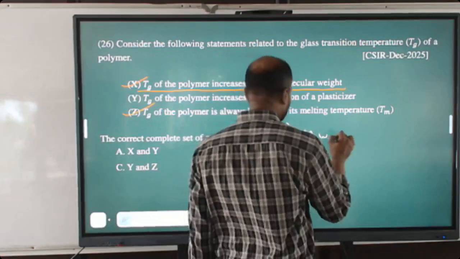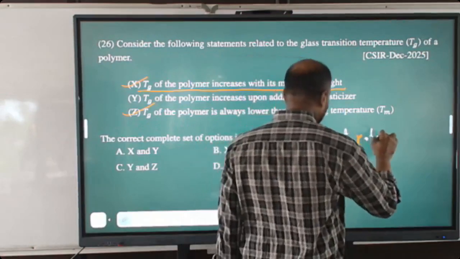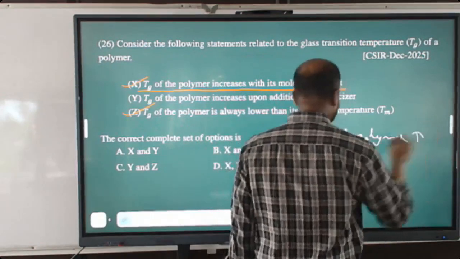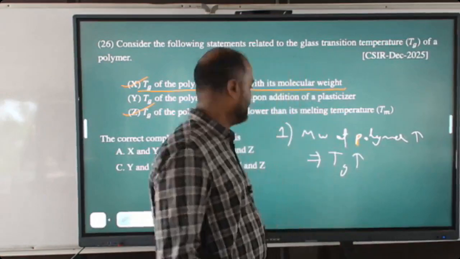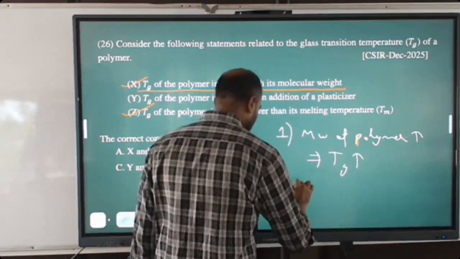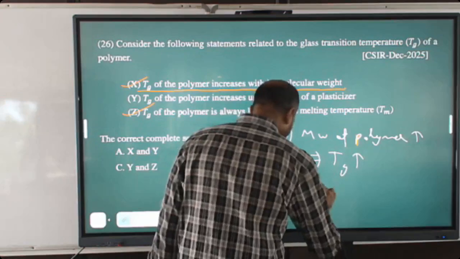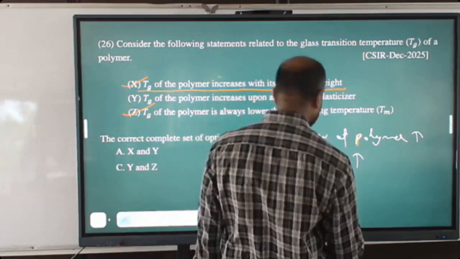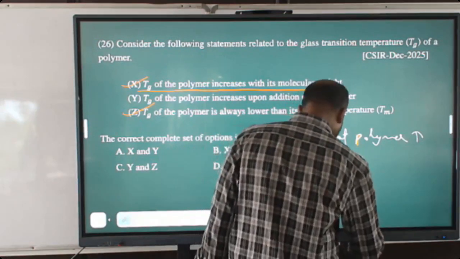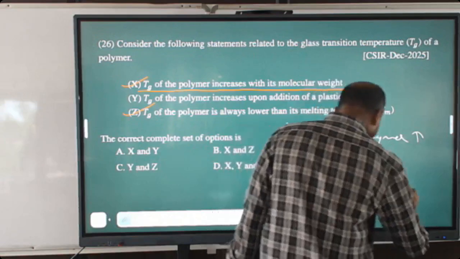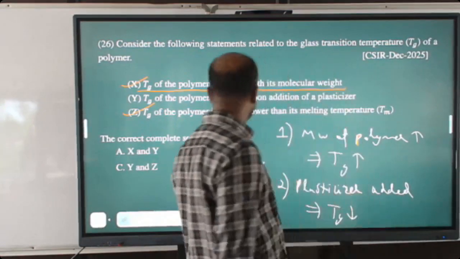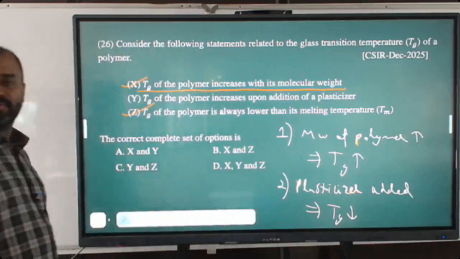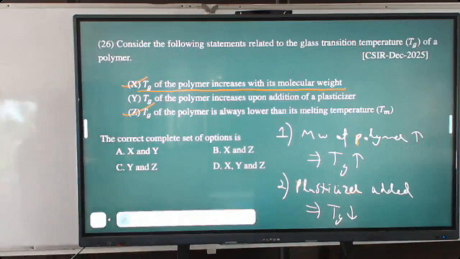First point: if molecular weight of polymer increases, then glass transition temperature also will increase. Second: if you are adding plasticizer, the value of Tg will decrease.